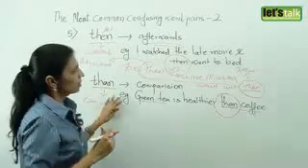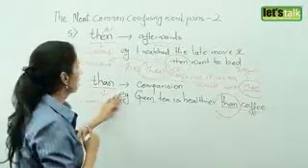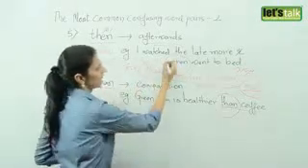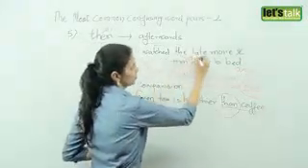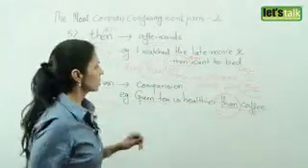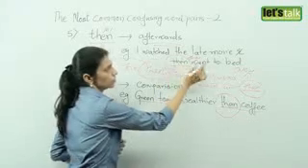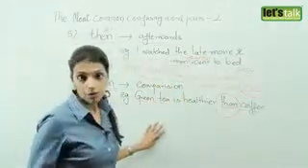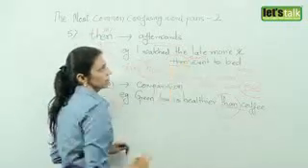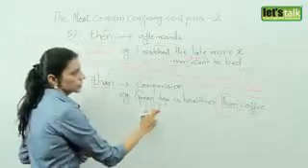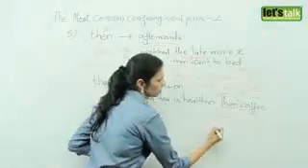Okay, now let's say for example, I use this than here. I watched the late movie than went to bed. Does it sound correct? Of course not. I'm not comparing anything. So I cannot use than. But well, a lot of people do get confused and use than in a wrong manner. Similarly, I cannot say green tea is healthier then coffee.